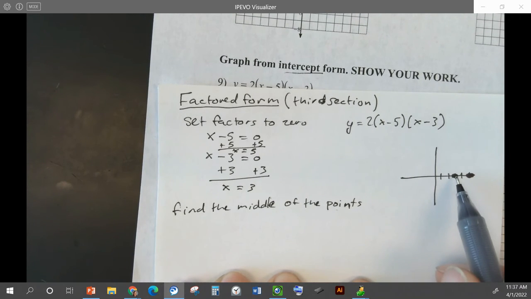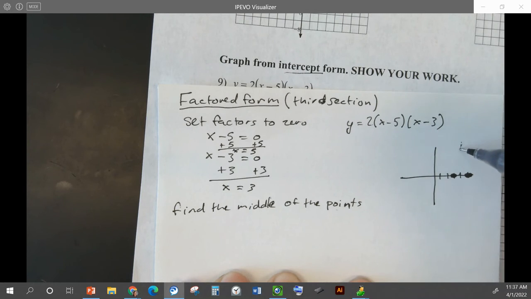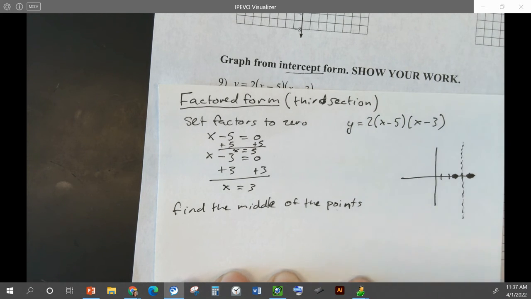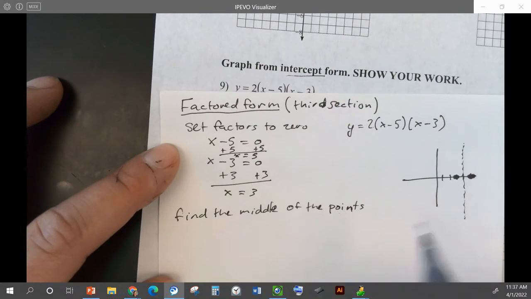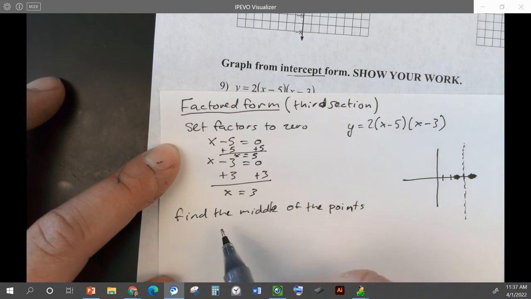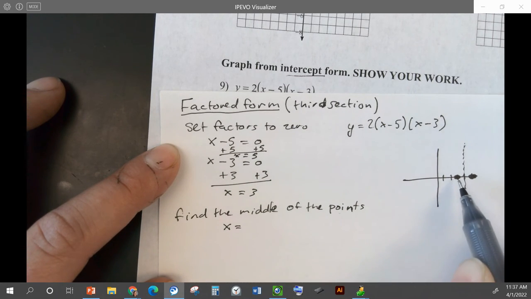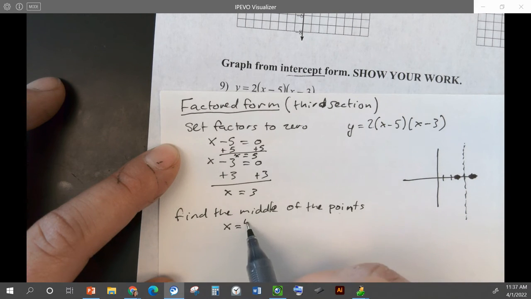So we have a point on this side, a point on this side. So the middle here, I will probably draw in my line. So my vertex is going to show up somewhere here. So all I have to do is find the middle. The middle here is x equals 1, 2, 3, 4.